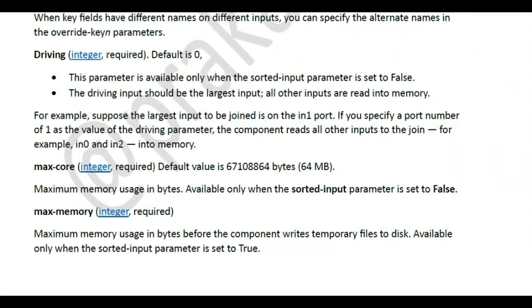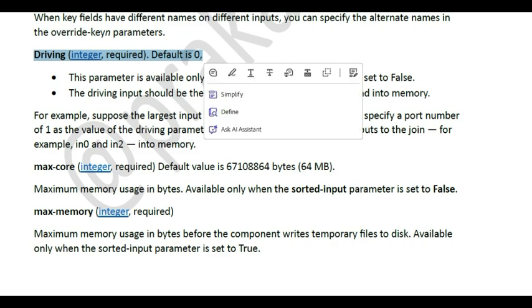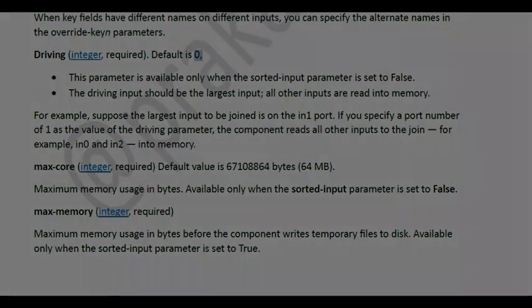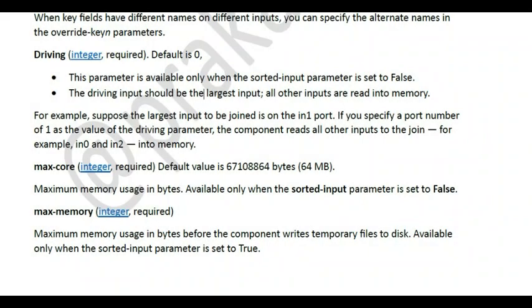So the joining will be based on your driving and non-driving inputs. In simple terms, the driving port is like a bypass, because the input has a huge volume of data, so we can let it go through the bypass, and whatever is not defined as the driving input will be written into max core.